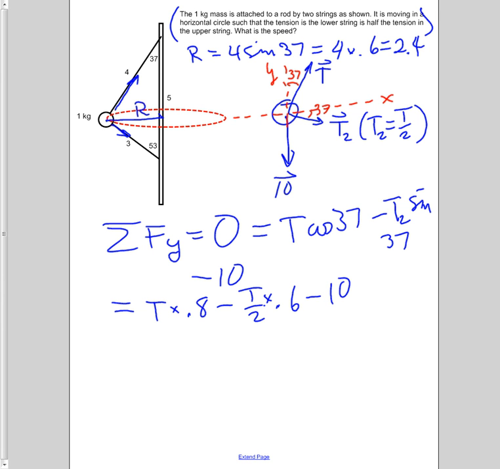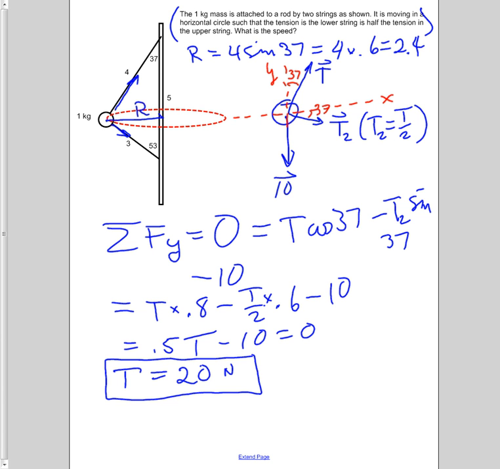So let's see what we have here. We have 0.8 minus 0.3, which is 0.5. So this is 0.5 T minus 10, and that's equal to 0. And so T is equal to 20 newtons. And for completeness, T2 is 10 newtons.